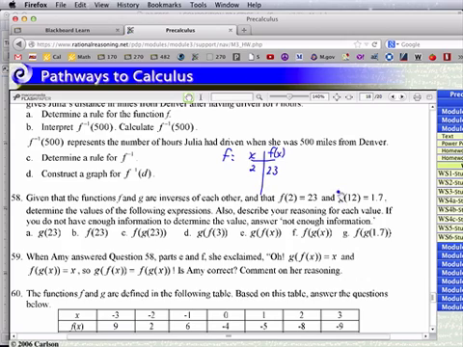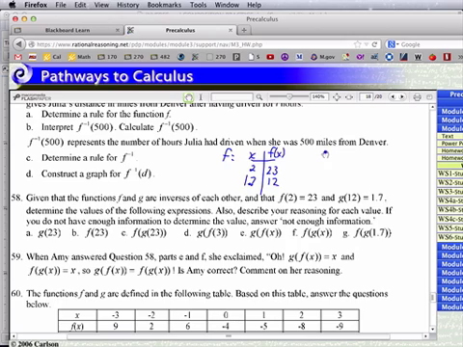Now, if G is the inverse of F, what does this tell us about F? This statement right here, what can we deduce about F if G of 12 is 1.7? Yeah, so if you put 1.7 into F, what would you get? You would get 12 out.